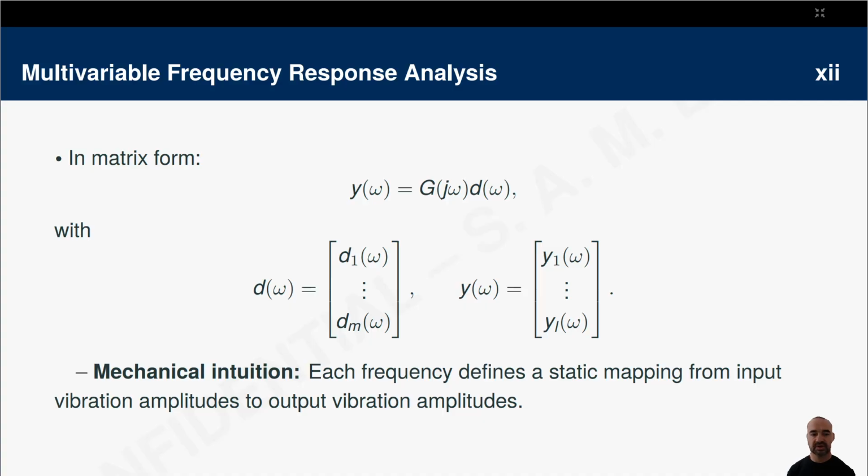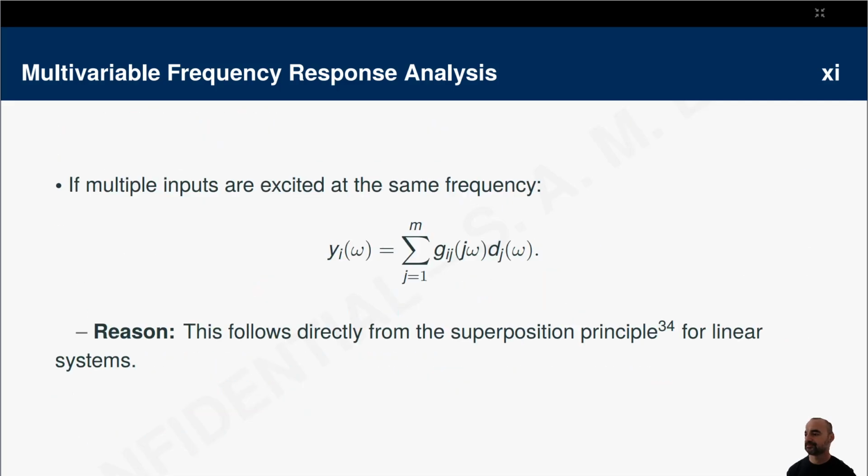At each frequency, we have a static linear mapping. This prepares us for singular value decomposition later. So at each frequency omega, we have this linear mapping between input and output. Each frequency defines the static mapping from input vibration amplitudes to output vibration amplitudes, essentially.